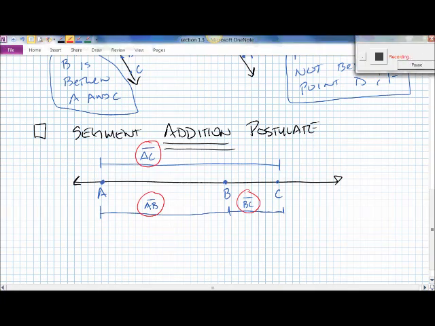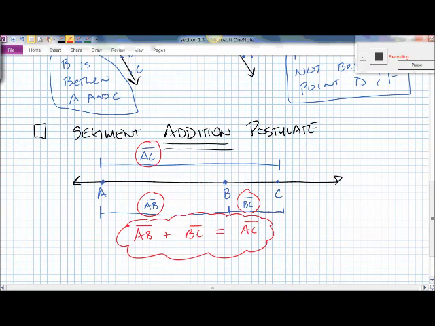Did you hear what he said? He said segment AB plus segment BC is equal to segment AC. That right there is super, super important, right? Because it's an algebraic expression. Right now we have an equation that relates these together. And we're going to use that.